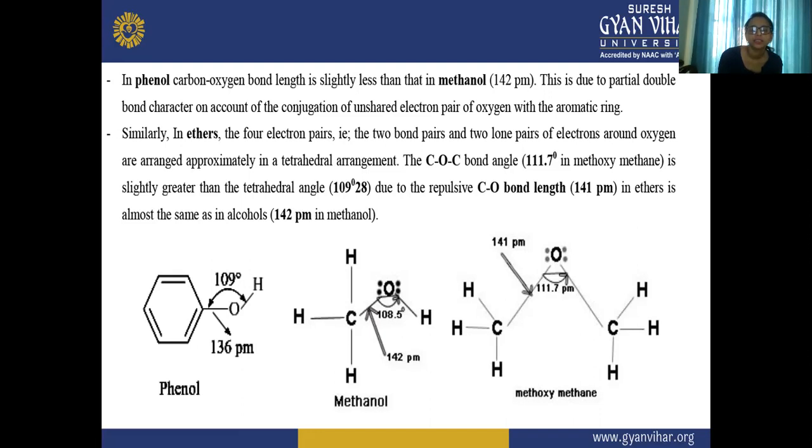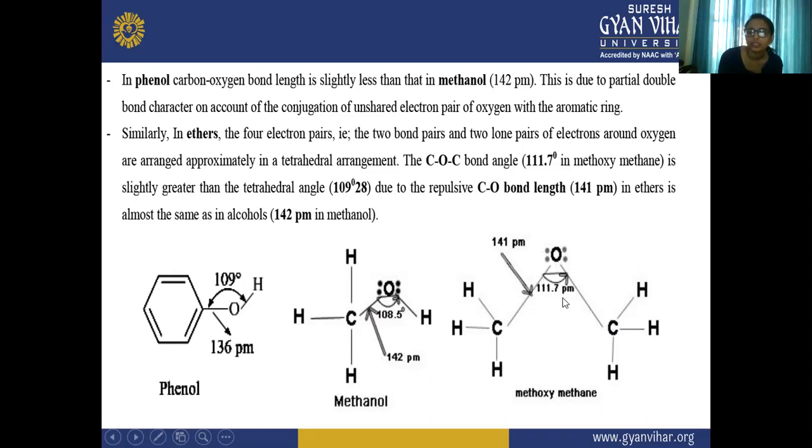Similarly in ethers, the four electron pairs, that is the two bond pairs and two lone pairs of electrons around the oxygen, are arranged approximately in a tetrahedral arrangement. Here you can see the two bond pairs attached to the carbon atoms, and the two lone pairs of electrons around the oxygen show a tetrahedral arrangement.